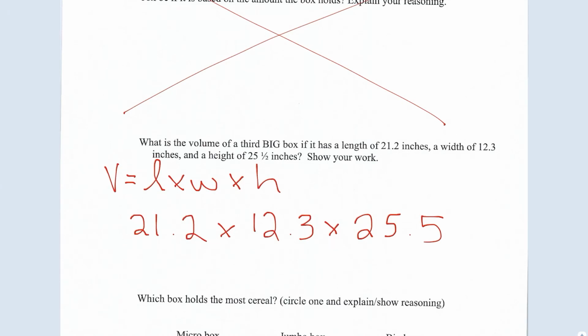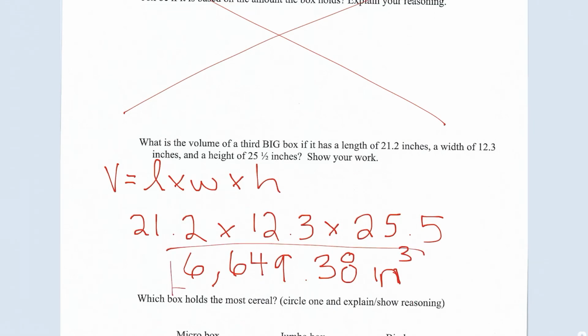We do 21.2, multiply that by 12.3, and we multiply that by 25.5. And we got a lot of cereal here. 6,649 and 38 hundredths cubic inches. There we go. It is really hard to write with my finger here, but you guys get the picture.